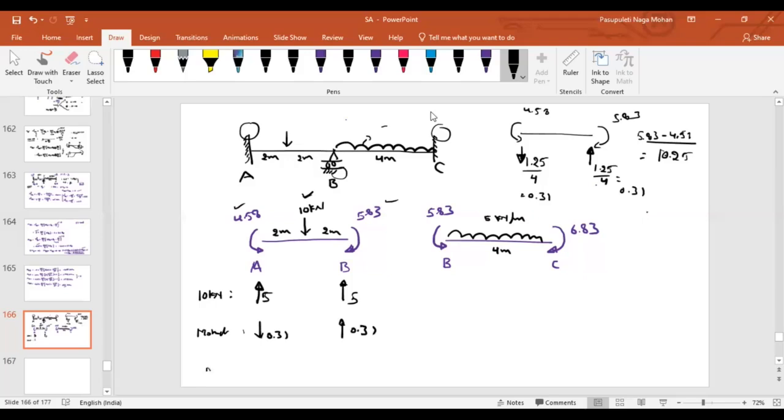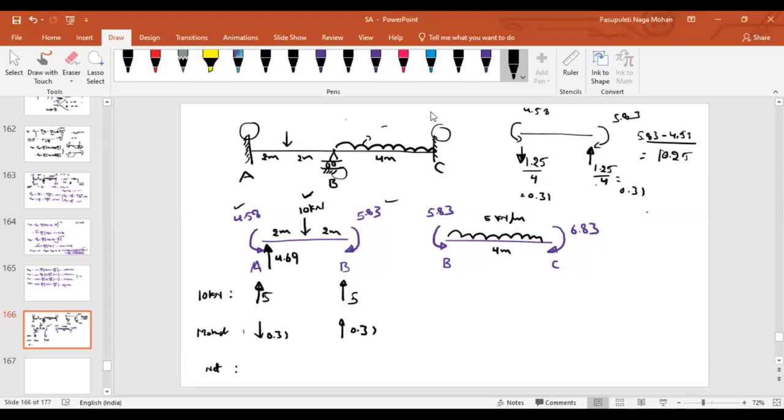What is the net value then? Because of both the 10 kilonewton and the moments, we have to add these forces. Because of the 10 kilonewton, 5 is upward. Because of the moments, 0.31 is downward. What is the net value? 4.69, in the upward direction. What about here?